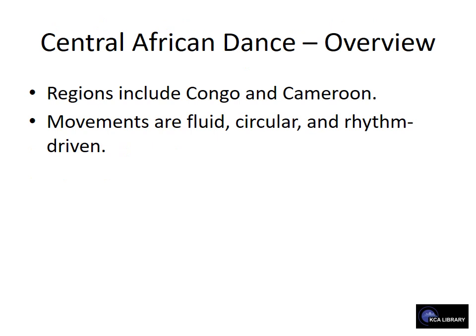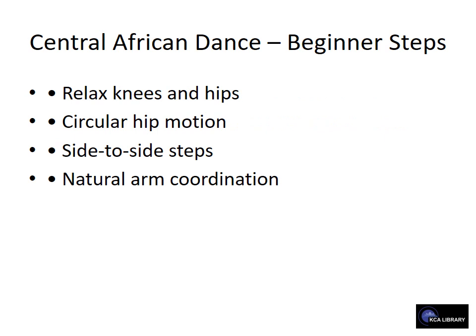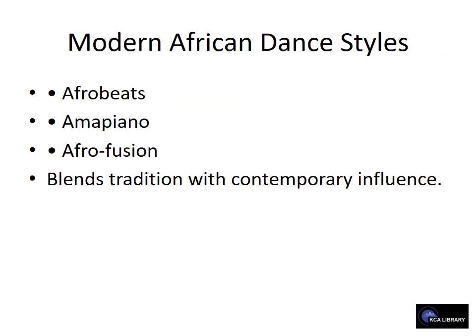We also have the Central African dance. You find that in regions like Congo and Cameroon, where the movements are fluid, rhythmic, and centered. So for the beginner steps, you relax knees and hips, circular hip motion, side to side steps, natural arm coordination. For the modern African dance styles, this is pretty common and global.